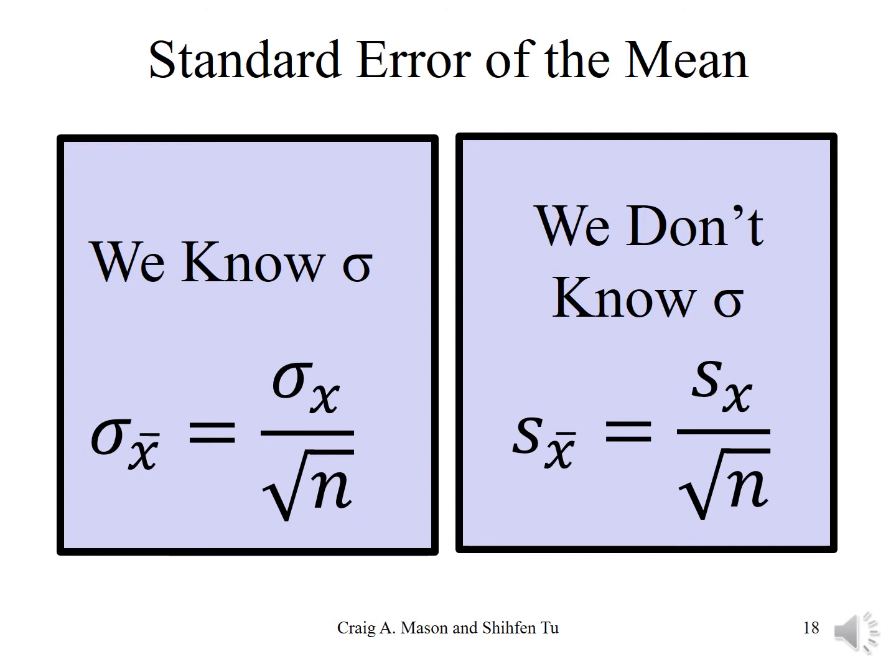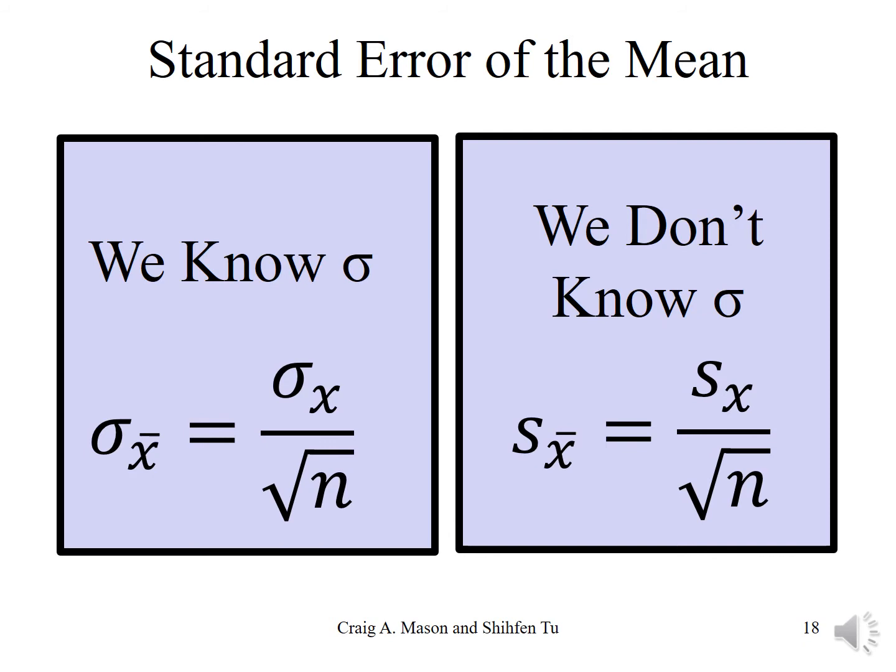We haven't calculated it yet; we're getting to that after a couple more topics. I just wanted to point this out so that you don't think we can only do this because we know sigma. We can also estimate the standard error of the mean based on our estimate of the population standard deviation that we calculate from our sample.